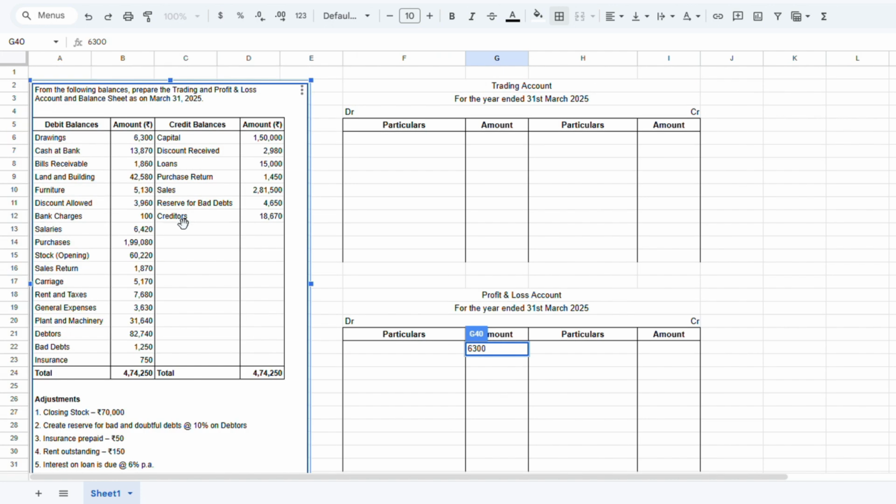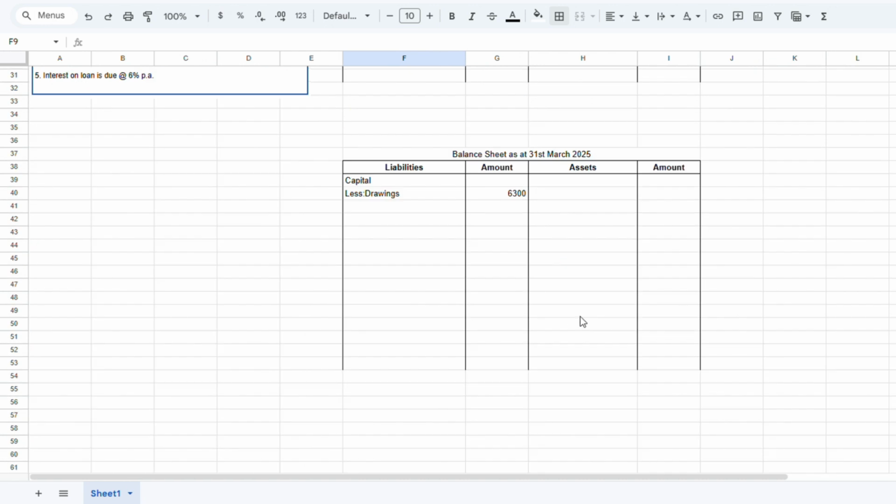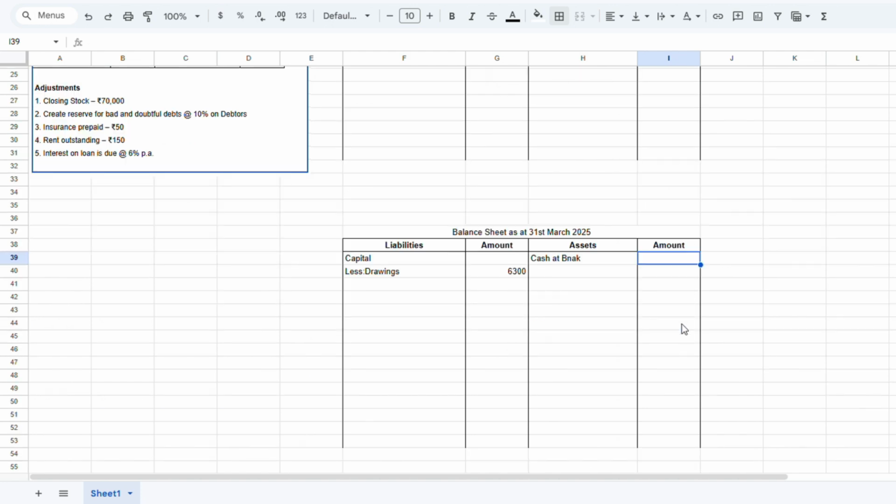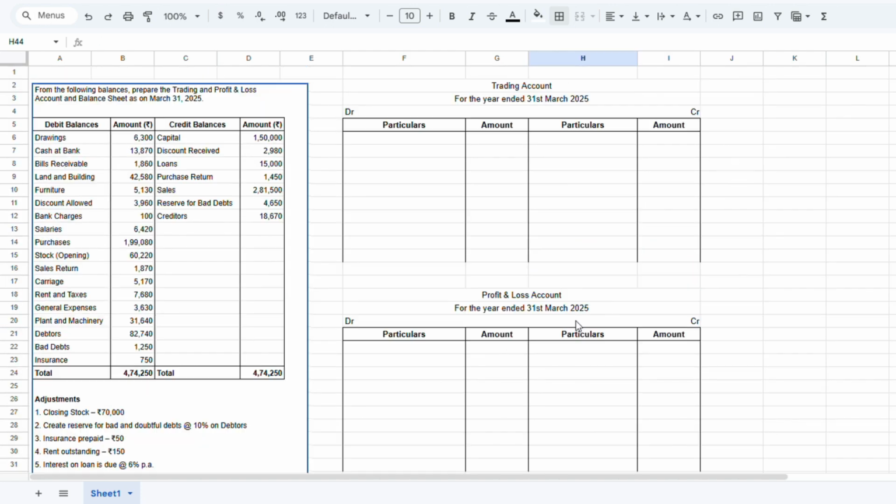Next, cash at bank 13,870. Asset side, cash at bank, that is 13,870. Next, bills receivable 1,860.